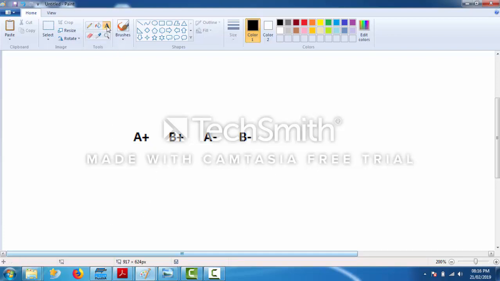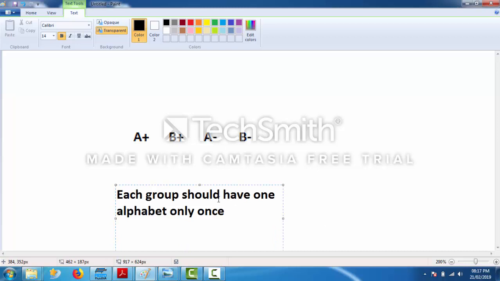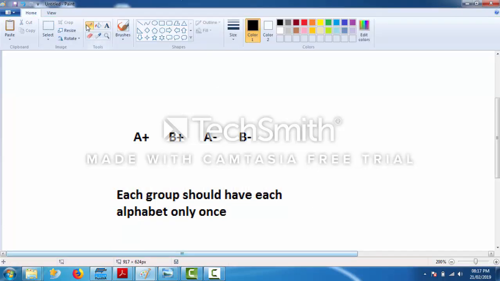Now the rule for the group is such that each group should have each alphabet only once. What does this mean? Now see, for example, before this there is no group. So this is where our first group will start. In this first group, what is the first alphabet? It is A.